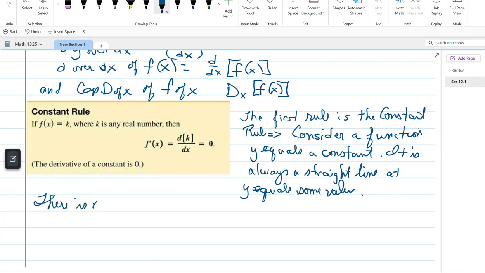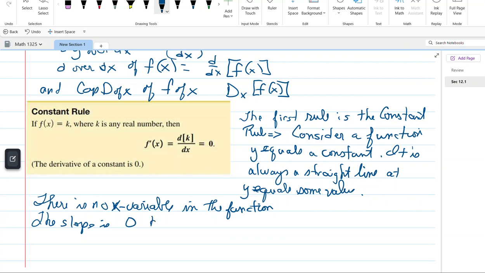There is no x variable, so the slope is zero because there is no change in the graph.